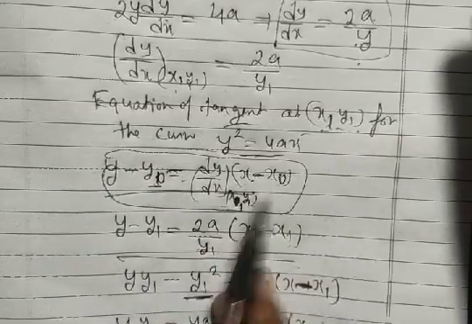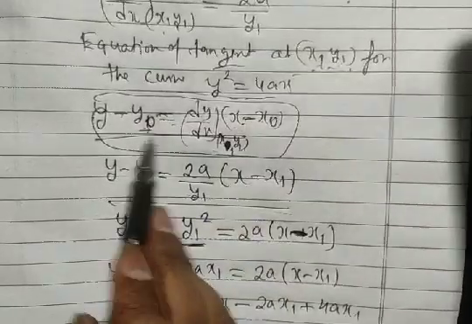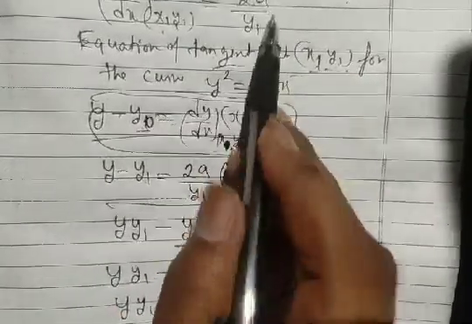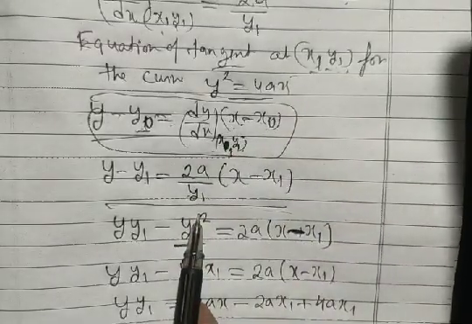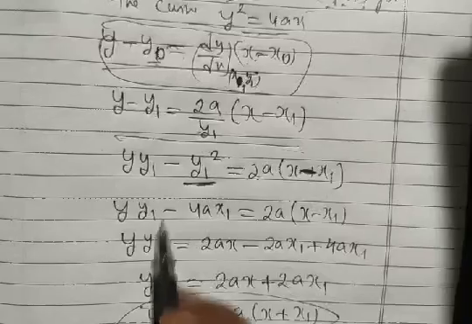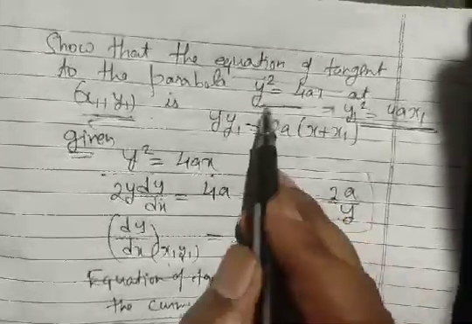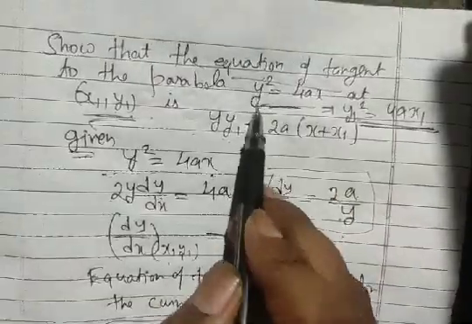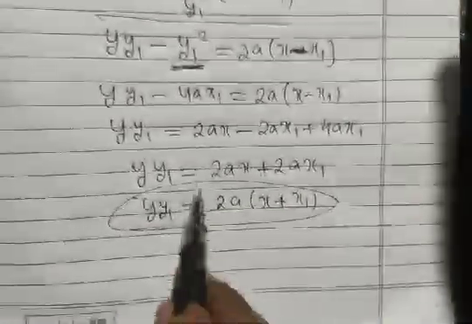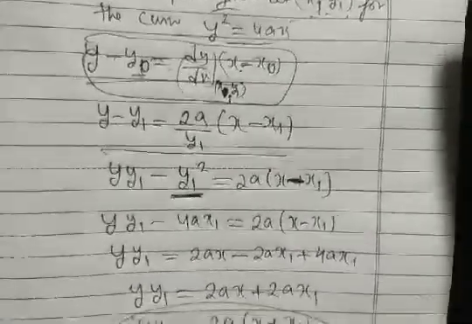Putting in the values and solving, we get y1 square from the parabola equation, equal to 4a x1, and after solving we get the required result.